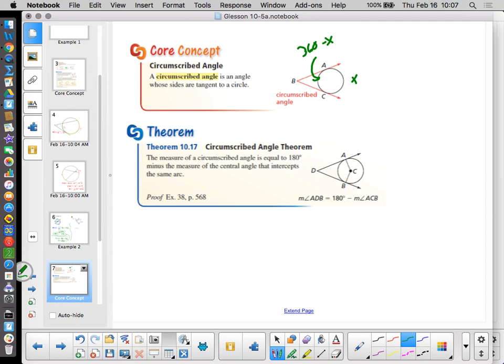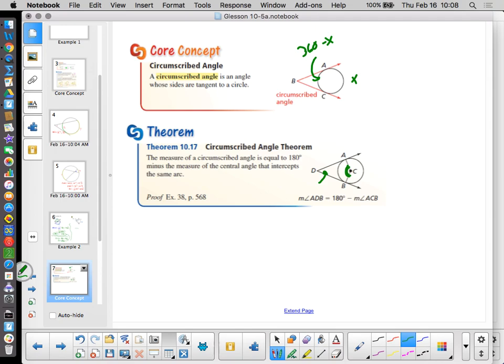Okay? And we have a theorem that helps us with this. It says the measure of a circumscribed angle is equal to 180 degrees minus the measure of the central angle that intercepts the same arc. So the measure of this angle, ADB, is 180 minus the measure of this angle, the angle that makes the central arc.